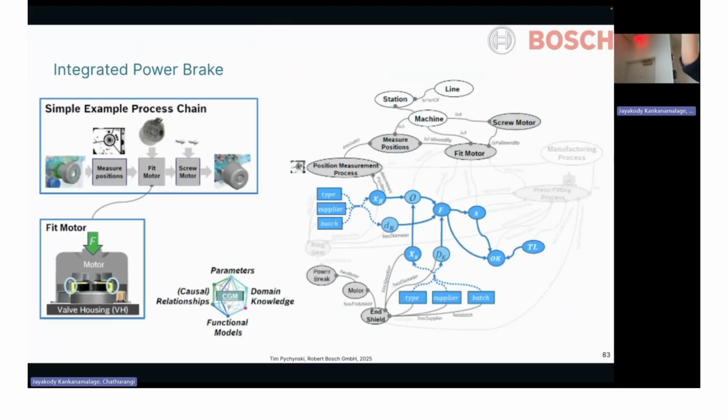And so all of this comes together. This is what we refer to as the causal graph model. And it can be represented as a knowledge graph as well. So that's what allows us to integrate all of this knowledge together. I don't think it was mentioned by anybody so far in this talk, but we also have a causal ontology and causal graph to represent the causal relations between the variables as well.